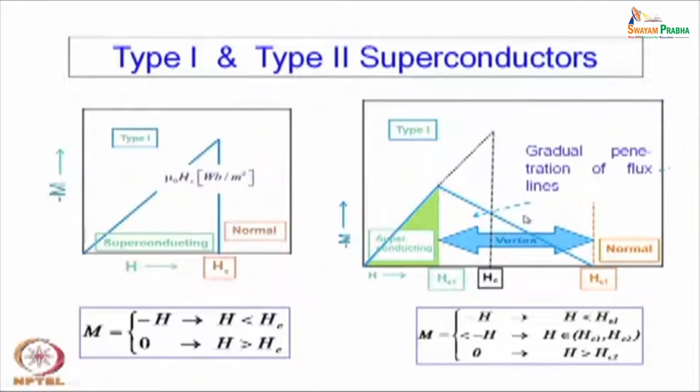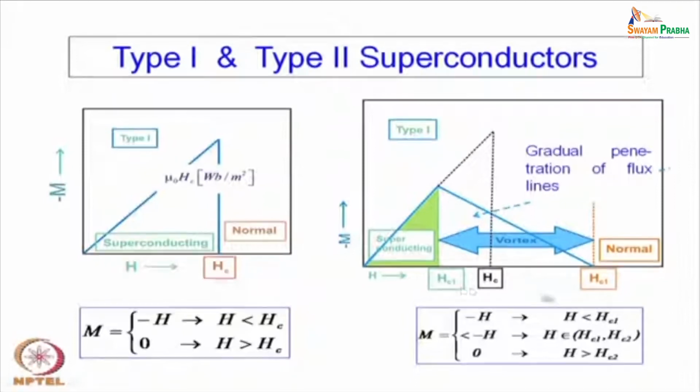So, the magnetic lines of force or flux lines gradually penetrate into the material. As a result, you have two different critical magnetic fields. Instead of one critical magnetic field called Hc, here you have two different critical fields, one where the penetration starts and the magnetization drops from -1.